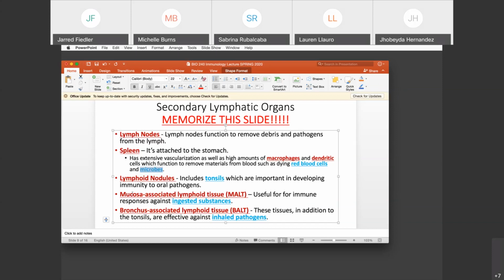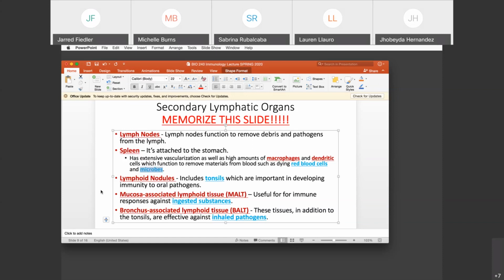Then we have two different ones. We have the mucosa associated lymphoid tissue, aka MALT, which is really good for fighting against ingested substances. Then we have the bronchus associated lymphoid tissue, BALT, which is really good at fighting inhaled pathogens, in addition to your tonsils.